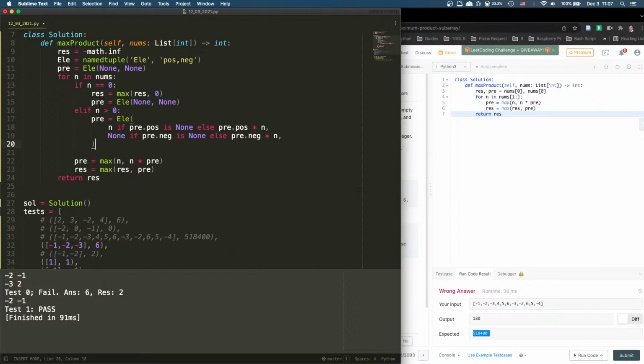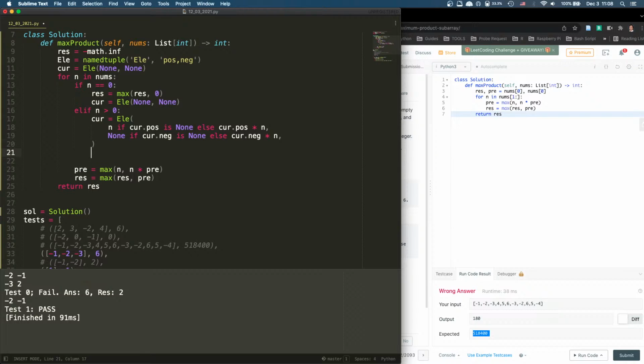Boom. That's the pre. Right? So we update the pre. Sounds weird. Let's not call it pre. I don't like it. Let's call it current. Right? And then we have the current, and then we need to check the res.